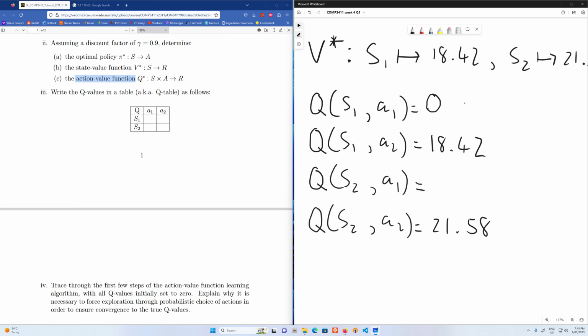But then we need to capture the rest of the rewards it can get in the future with another term. And we do that exactly the same way as we did with the value function. So here we get our discount factor and then times it by the optimal value that we can get from state 1.